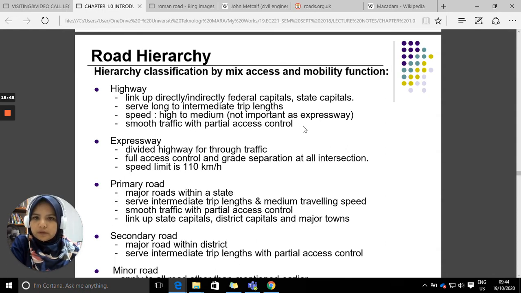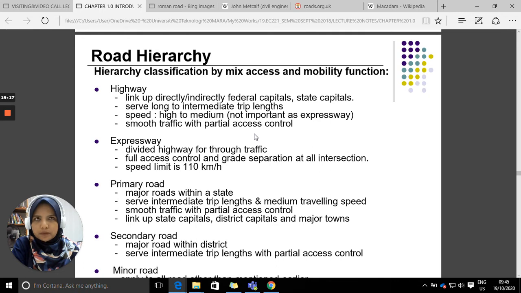But in terms of the control, you don't have full access control, right? You need to be extra careful when you travel on highway. There may be an obstacle coming in front suddenly. Ada gajah melintas, kan, at the top of the hill on Great, somewhere I'm not so familiar with, suddenly there is an elephant, right?